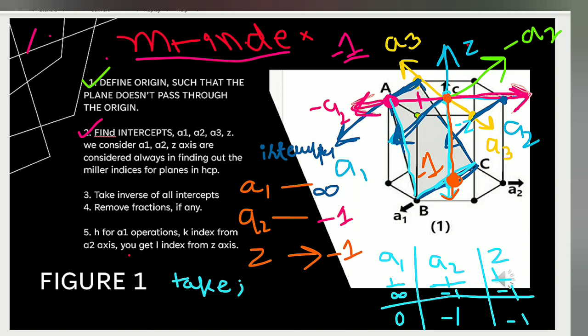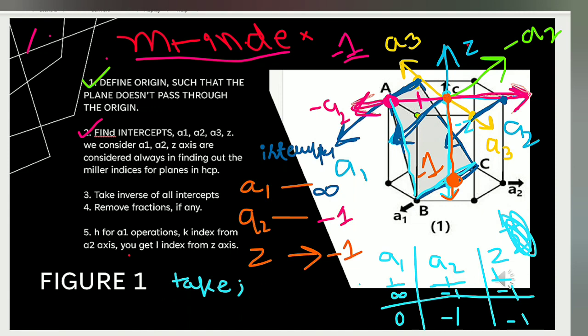Since there is no fraction involved, if it would have been 1 over 2 in one or two of the places, we would have to multiply each index by the LCM of the denominators in order to remove that fraction. In this case we do not have any fractions, so these are the final Miller indices for the plane that we are given.